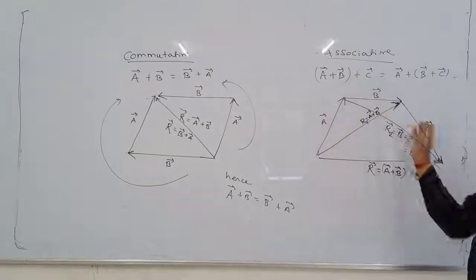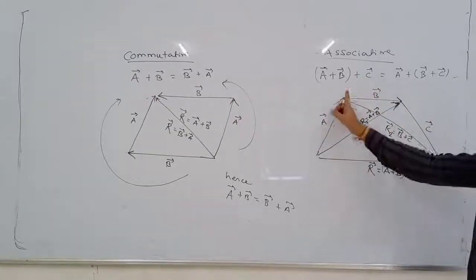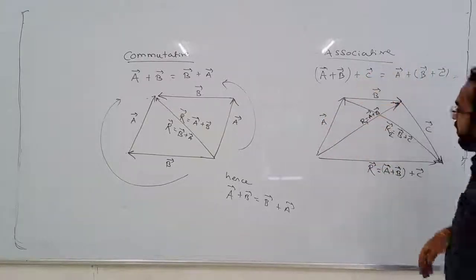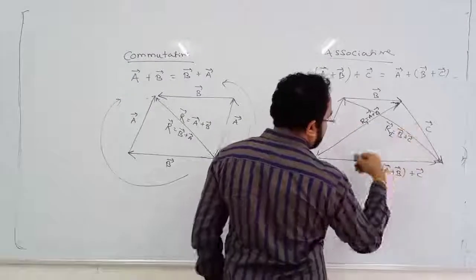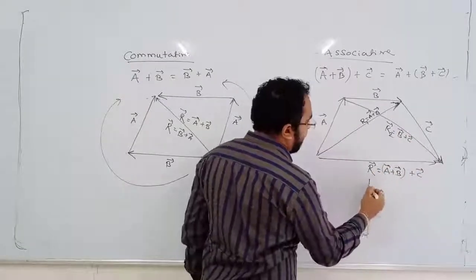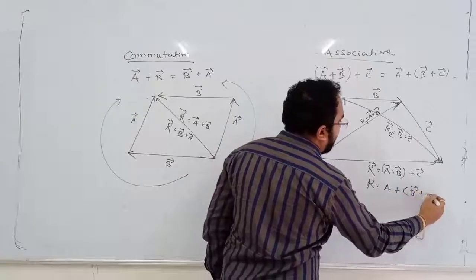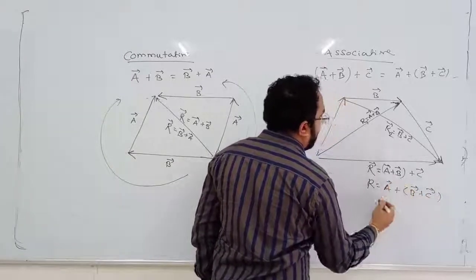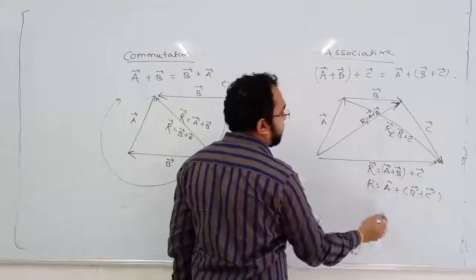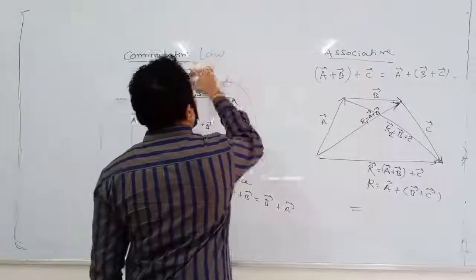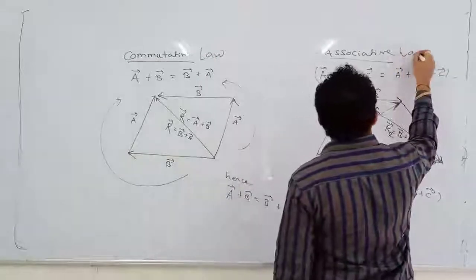It goes clockwise, like a clock. So the resultant will be anti-clockwise, completing this triangle. This will be the resultant. So the final resultant will be A plus the combined B plus C. Hence, as R are the same, this will be the same. So this is the commutative law and the associative law.